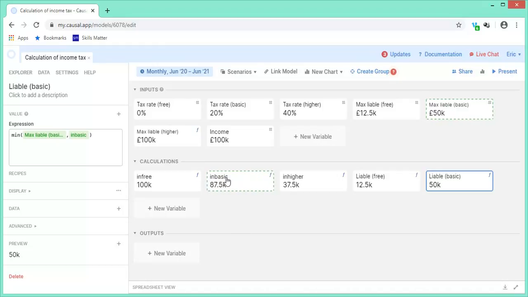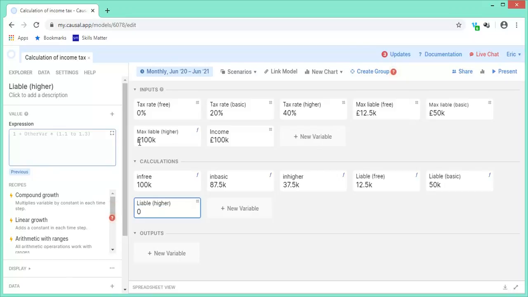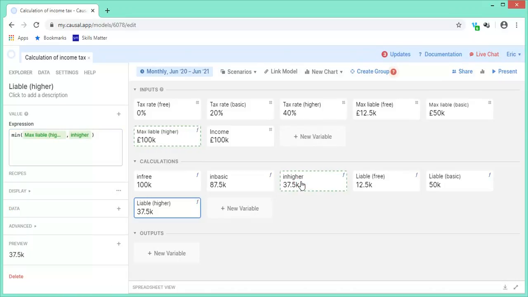And then liable for higher. It's going to be the minimum of the max liable for higher and in higher, which is 37,500? As we would expect, because they don't make above 150,000.